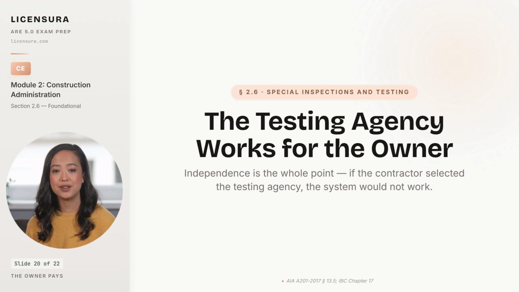The reason is independence. If the contractor selected and paid the testing agency, it would be the contractor's contractor, and the conflict of interest would defeat the whole purpose of independent verification.